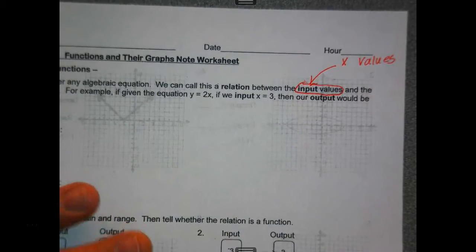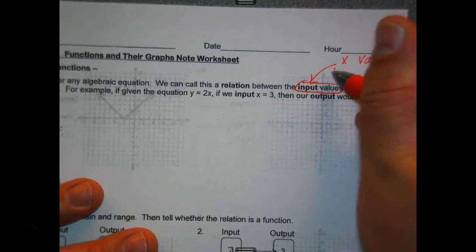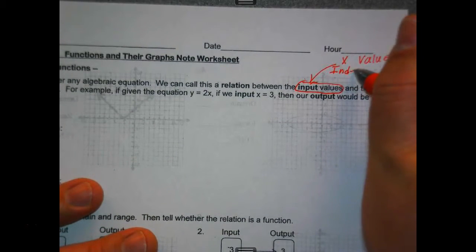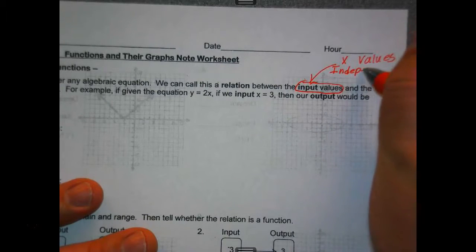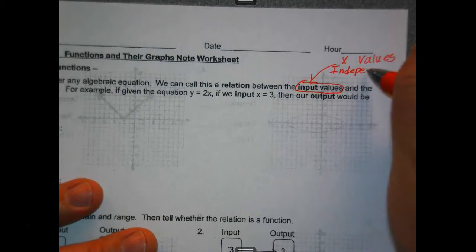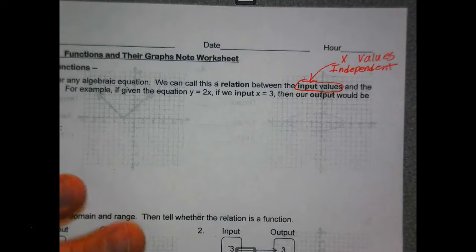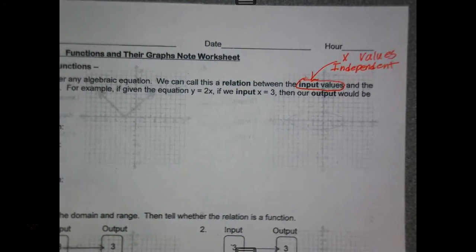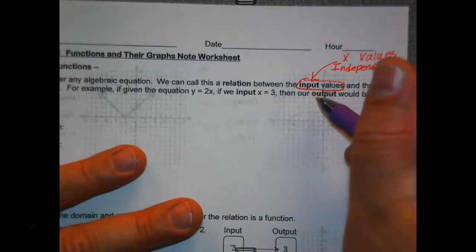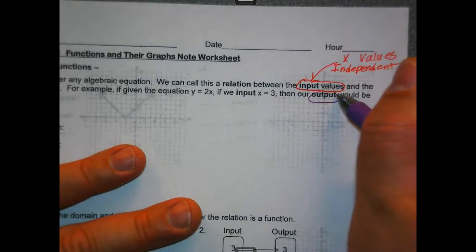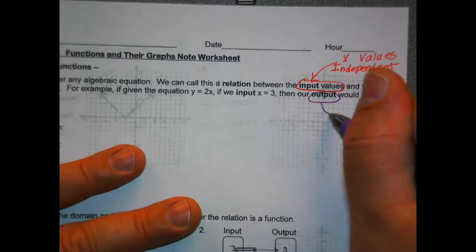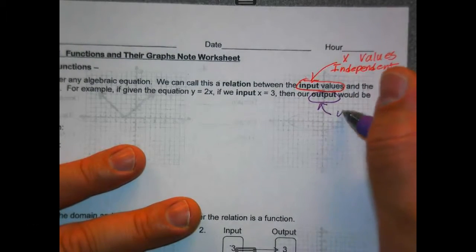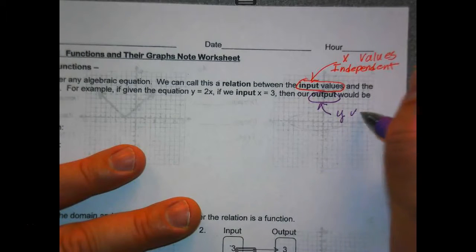Your science class uses what? Independent variables, right? Okay, independent variables. With that said, what do you think the output values are going to be? Y values.